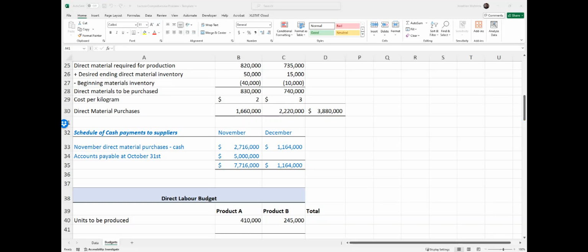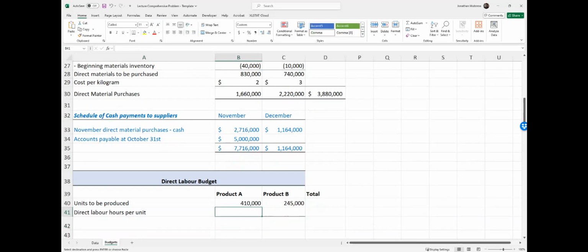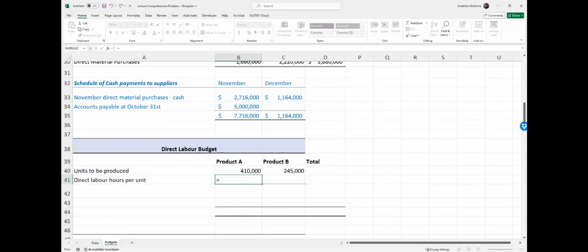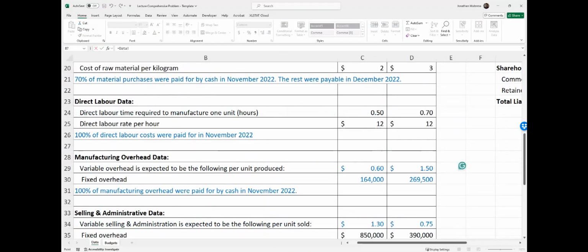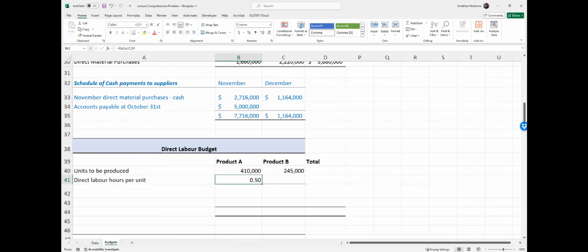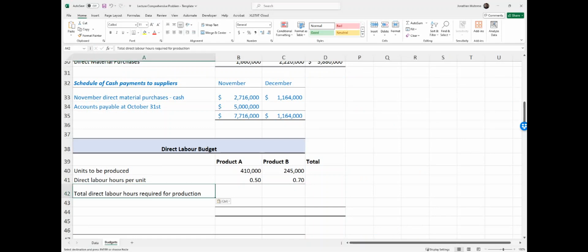How many hours are required to manufacture each of these items? We said that the number of hours required were, that's direct labor hours, the time required, half an hour for product A, and 0.70 hours for product B. So we multiply those, and we will get our total direct labor hours required for production.